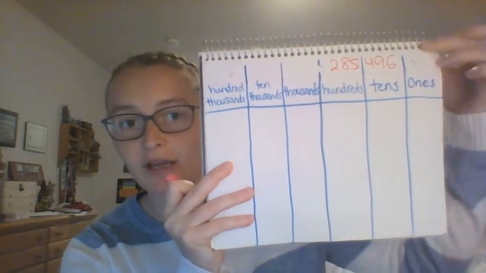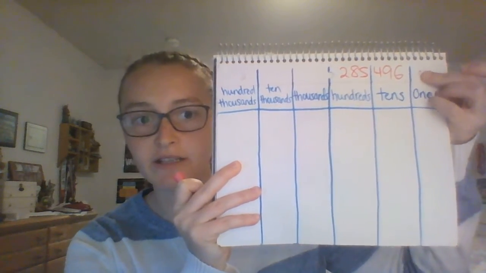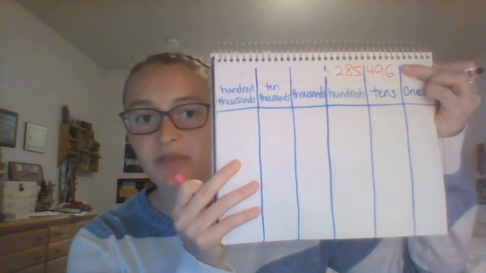We have 2, 8, 5, 4, 9, and 6. Our largest digit is a 9. So we want to put that 9 in the 100,000s place. I'm going to go ahead and cross out the 9 from the top because we can't use it again. So we know that we're going to have 900,000.